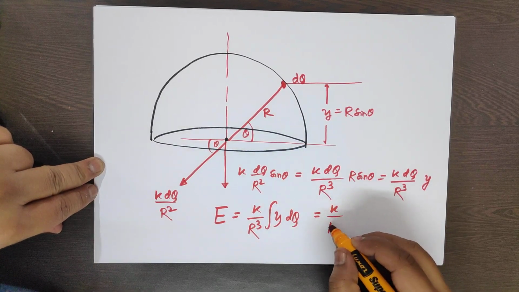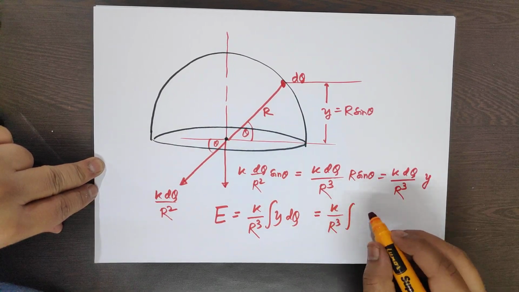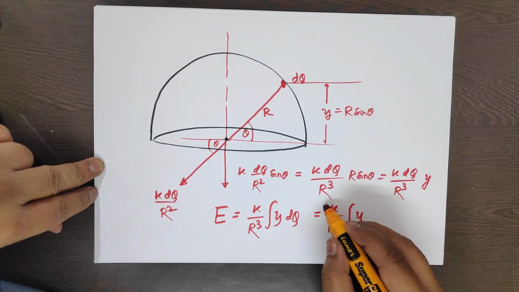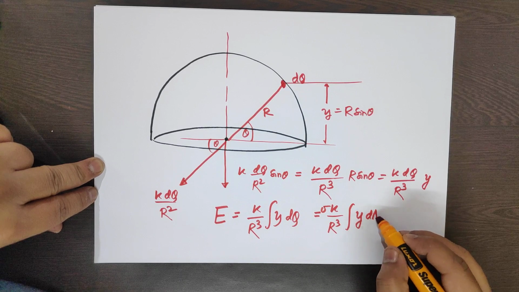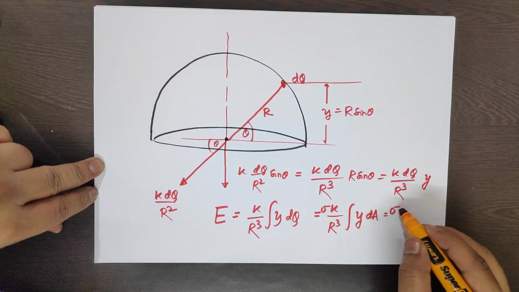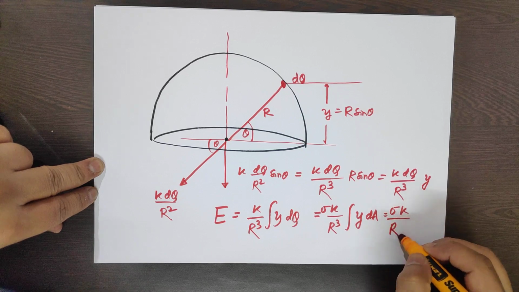Now see the distribution of the charge is like this. So k by r cube, and the integration of y dq will be sigma times dA. So sigma will come outside, times integral y dA by r cube.